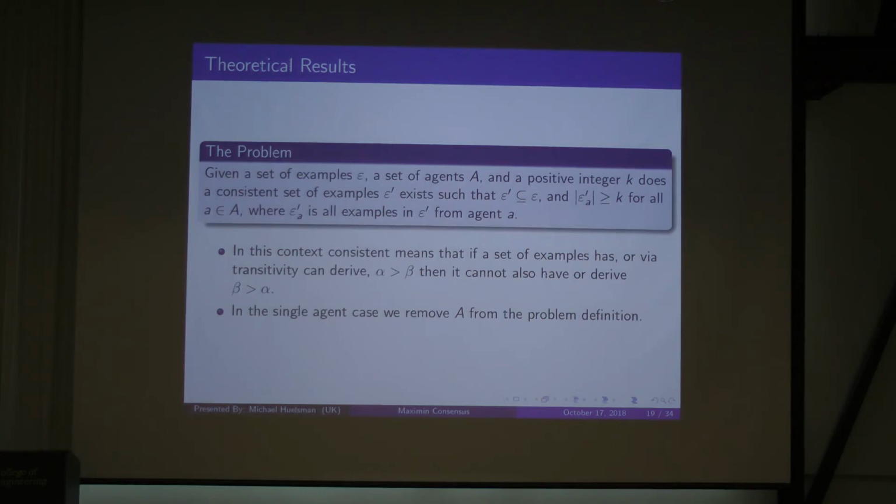It may be, in fact, a linear ordering of our alternatives, which is bad, but it's possible. And so any consistent set of examples can also be represented by a preference formula. And so the underlying general question is, can we find a consistent set of examples such that we guarantee a certain performance?